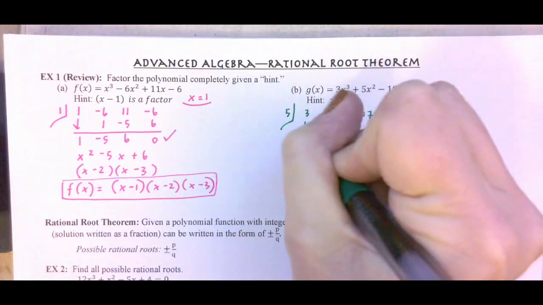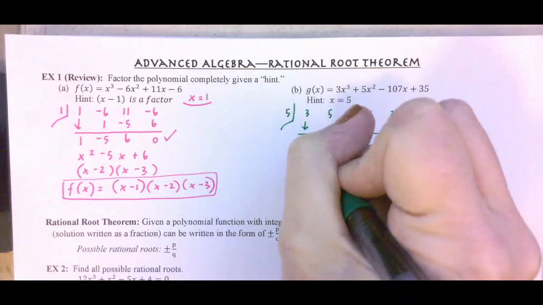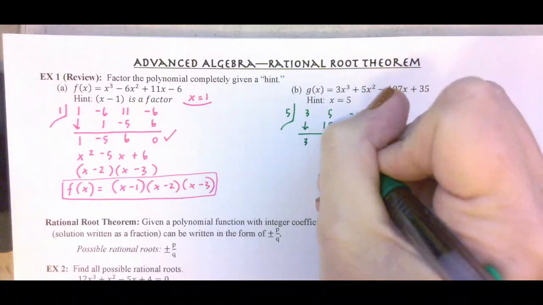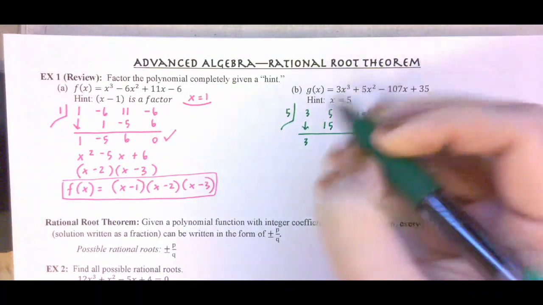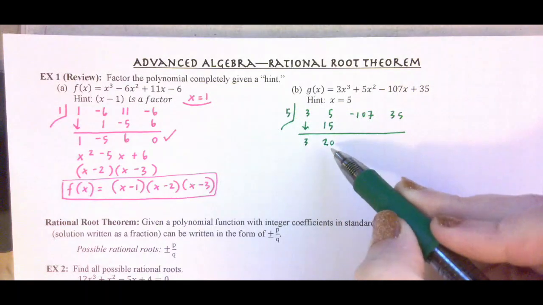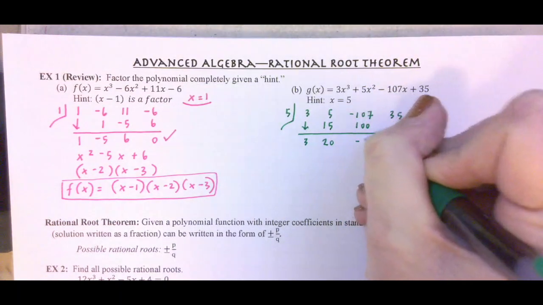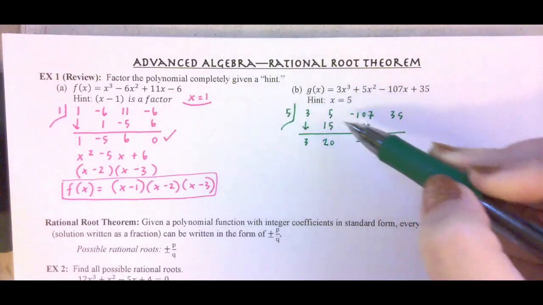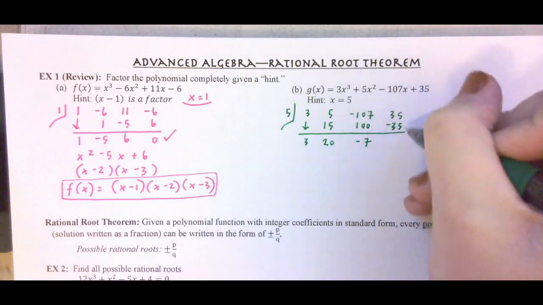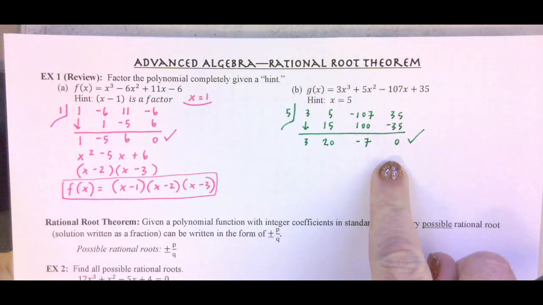Bring down that 3 to start. Multiply that 5 and 3. So here's 15. When we add down, we have 20. Multiply the 5 and 20, get 100. Add down, negative 7. Multiply. Add down. Remainder is 0. Yay, as it should be.